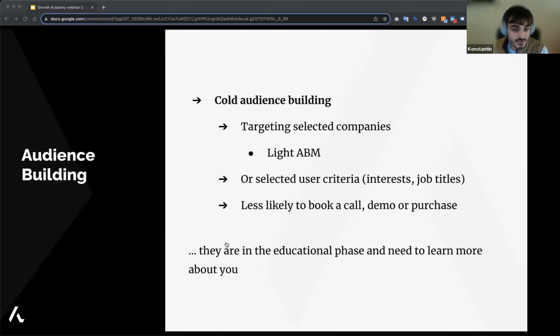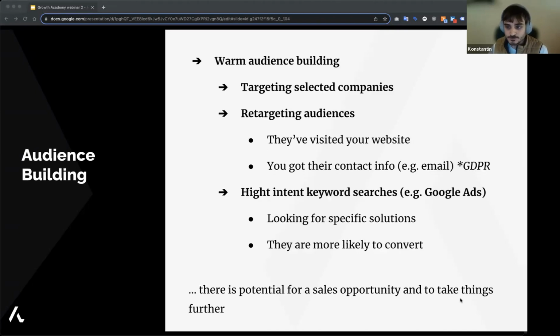And something to mention here, with cold audience and leads, it's a little bit more tough, so they're less likely to book a call, demo, or a purchase. But when it comes to warm audiences, again, I would like to mention you can target selected companies, but targeting selected companies for warm audiences can be combined with some external events that you're doing.